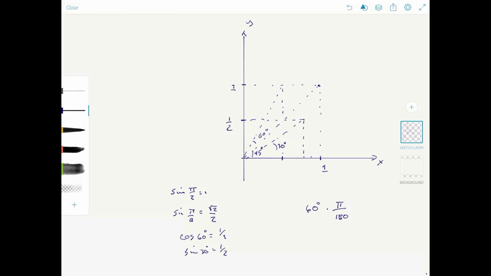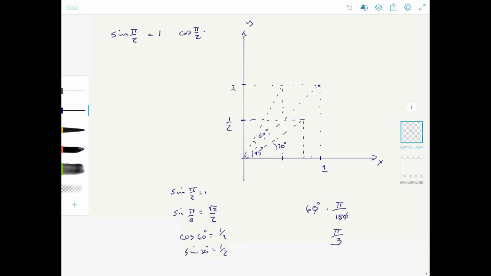You could interpolate. Cosine of 60 degrees is 1/2.